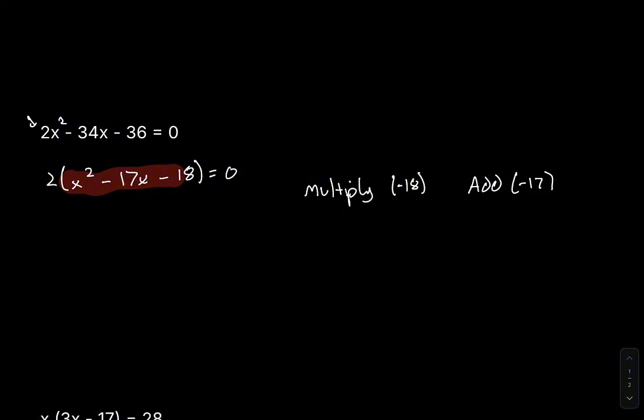This one's quite easy and simple, so something that can add together could be minus 18 and plus 1. That can multiply to be minus 18, so this one's nice and easy. So this comes down to x minus 18 and x plus 1 equals 0, meaning our x values are going to be 18 and negative 1.